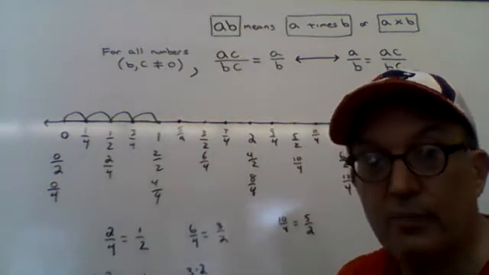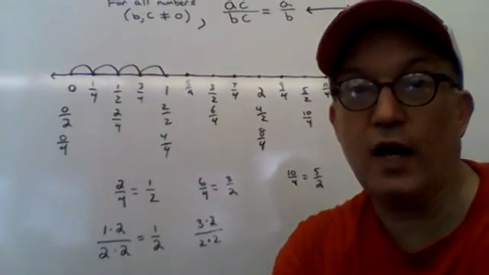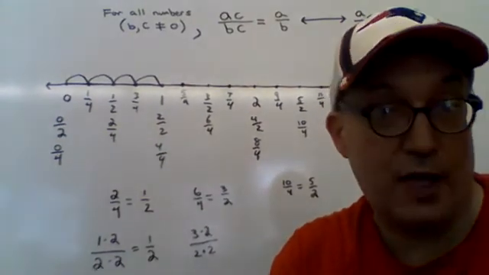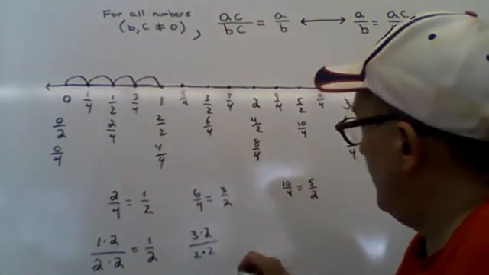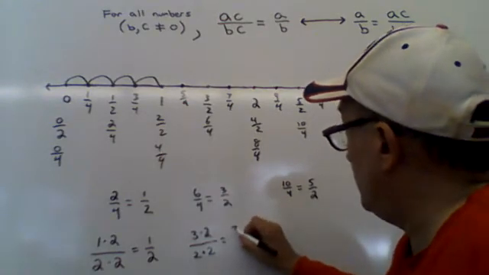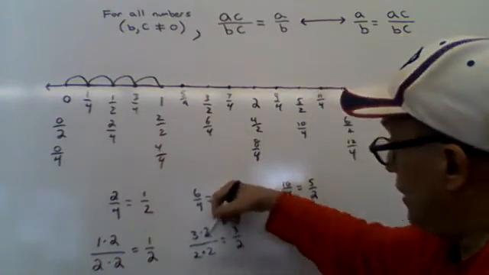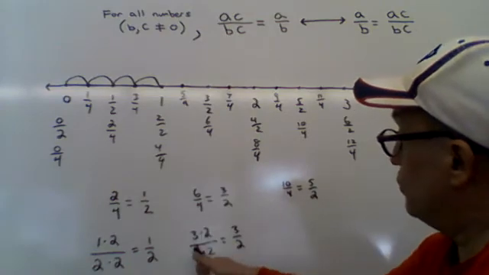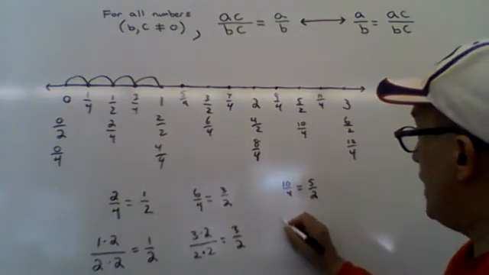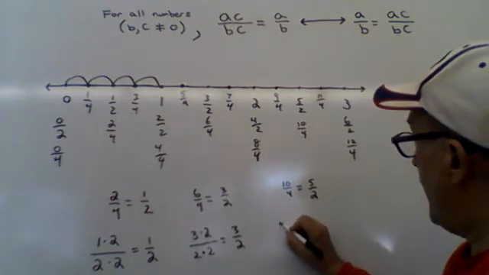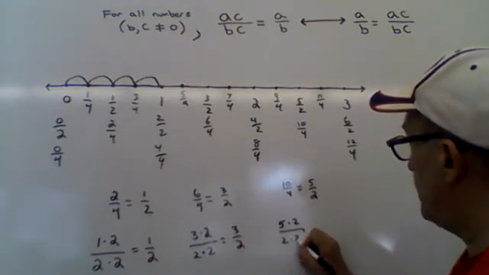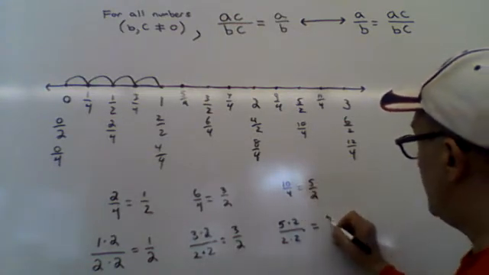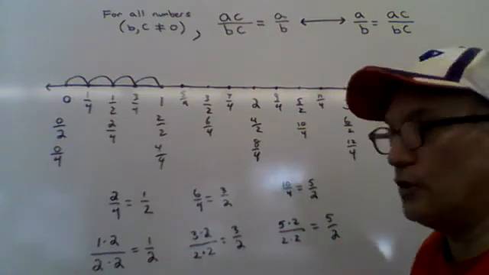They're raised up in the middle of where you're writing, so they are multiplication signs. I could have put X's there, but I'll use the raised dot. And 6/4 is still equal to 3/2, even when we write it as 3 times 2 over 2 times 2. The 10/4 we can think of as 5 times 2 over 2 times 2. And 10/4 is 5/2 because they're the same point on the number line.